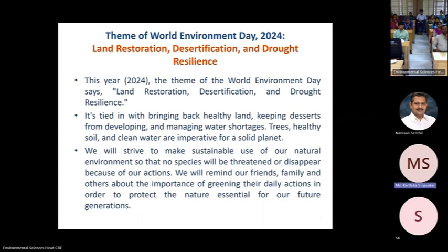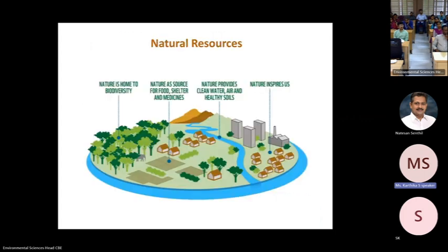Rapid disappearance, rapid changes combined with the recent issues, climate change, climate resilience. So see, what are the sources in natural conditions, natural resources? Nature is home to biodiversity. We can ask ourselves, whatever exists, created by nature, they are comfortable, from small ant to elephant.